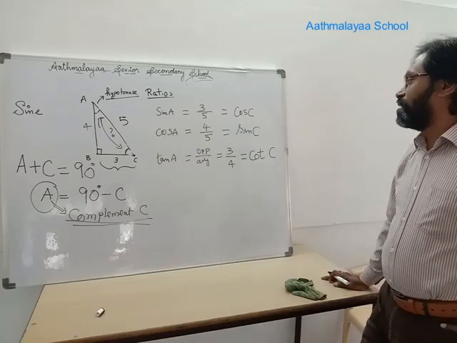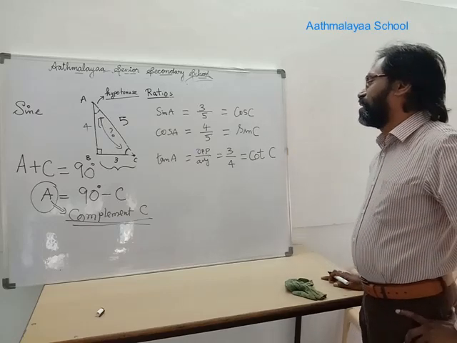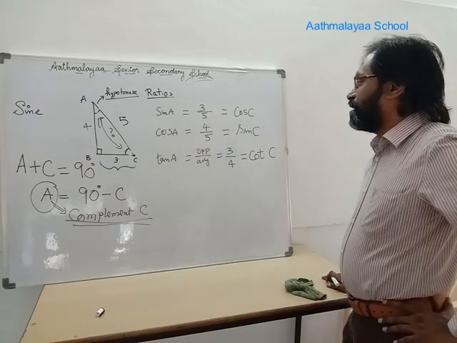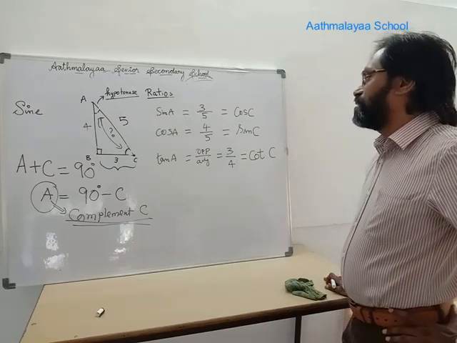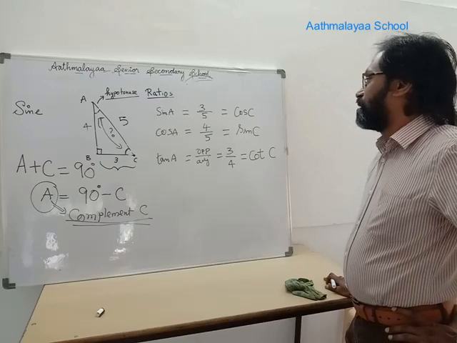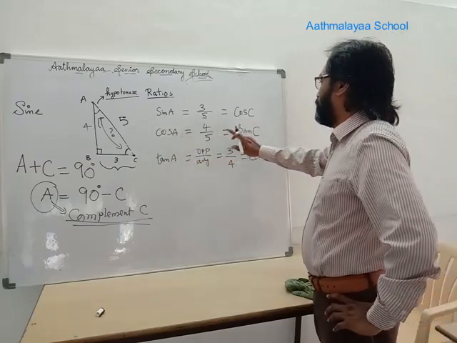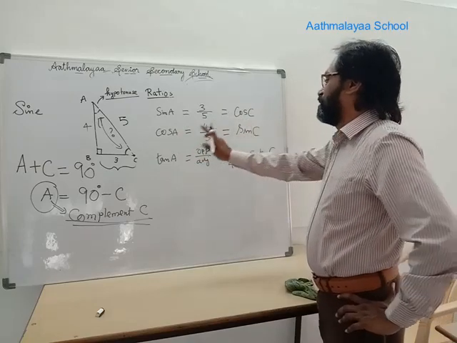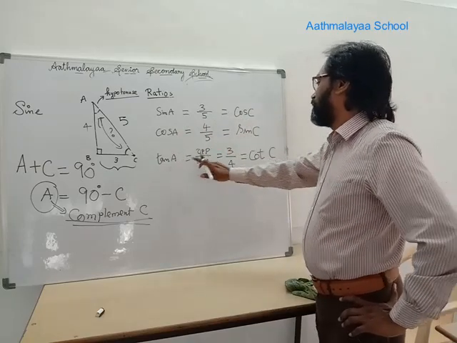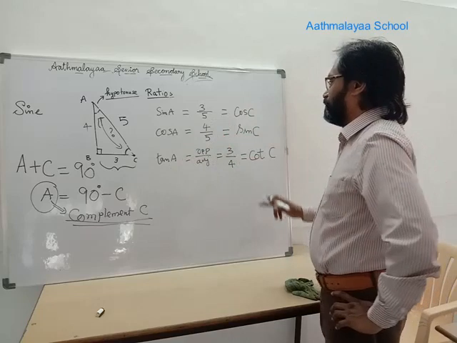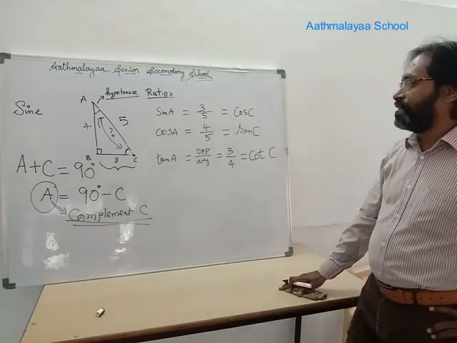All the 6 ratios come under one group, which is sin A, cos A, similarly sin C, cos C, then tan A, and then another one is cot C. Alright.